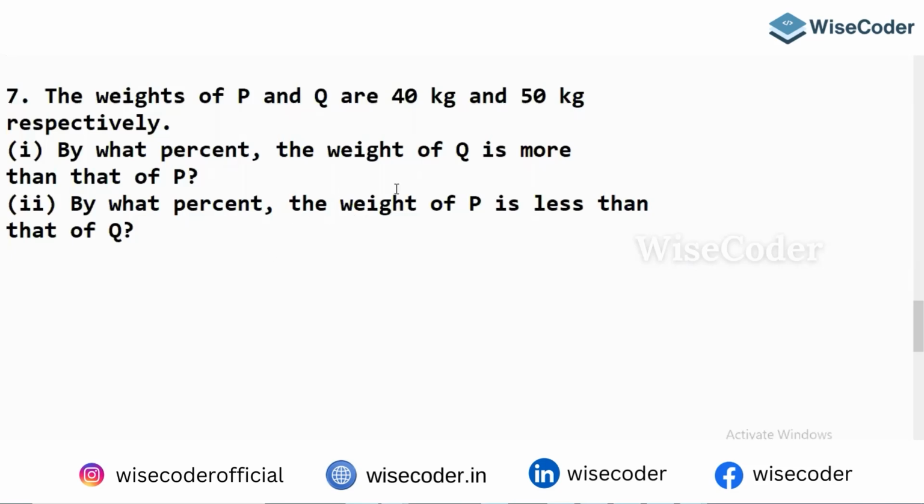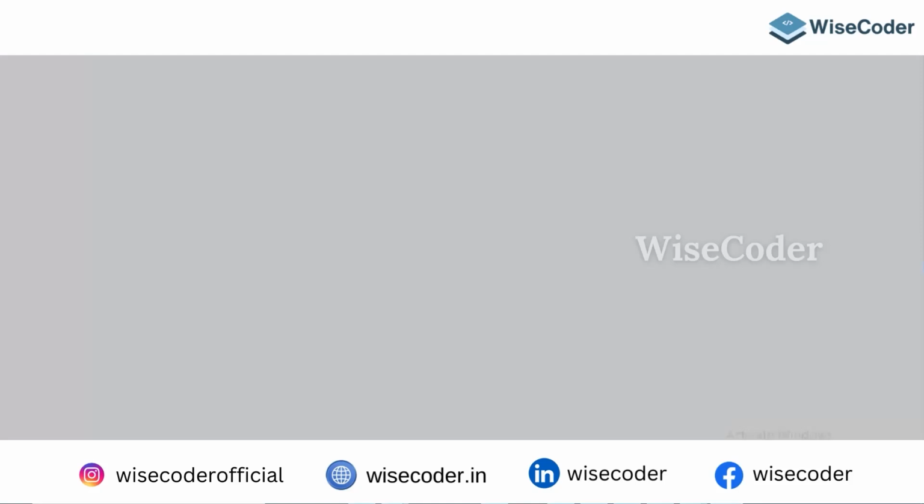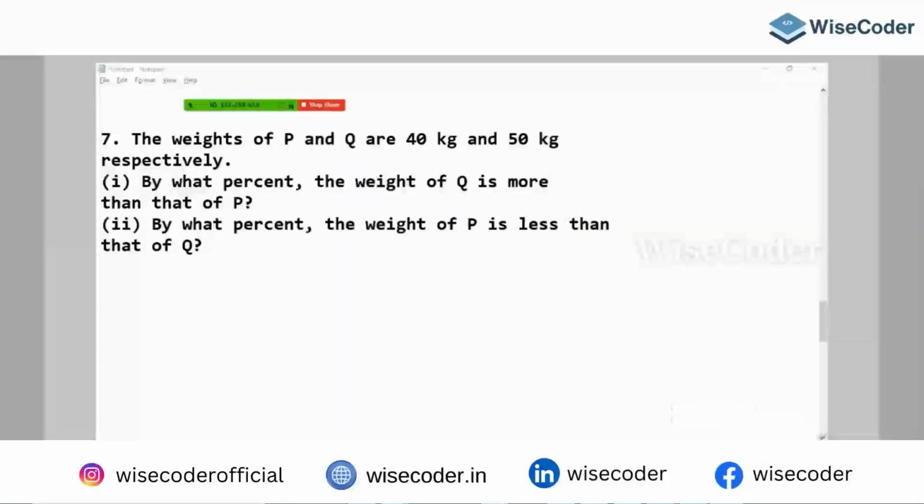Please pause the video and try to solve it. In the beginning of our session, we saw A is what percent of B, and A is what percent less than B. I hope you are done.